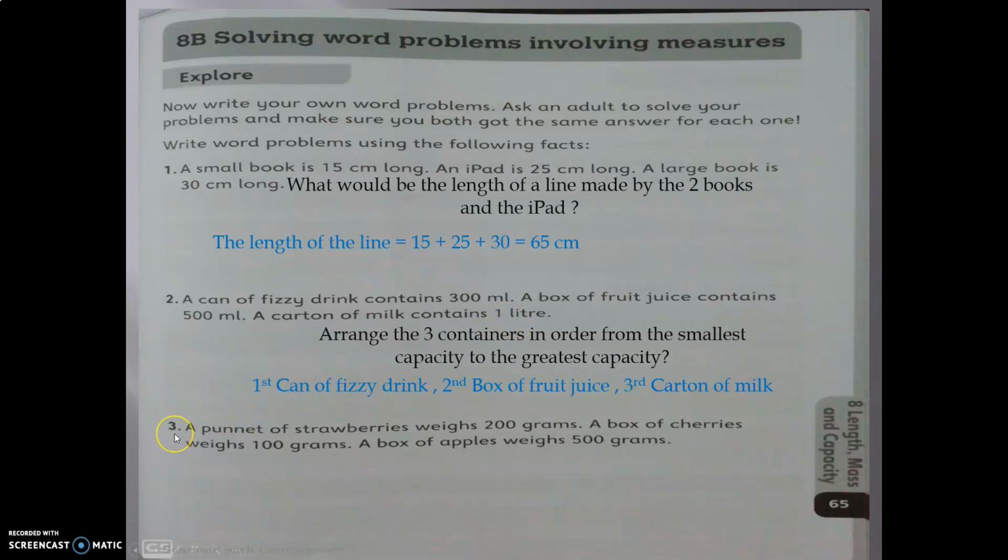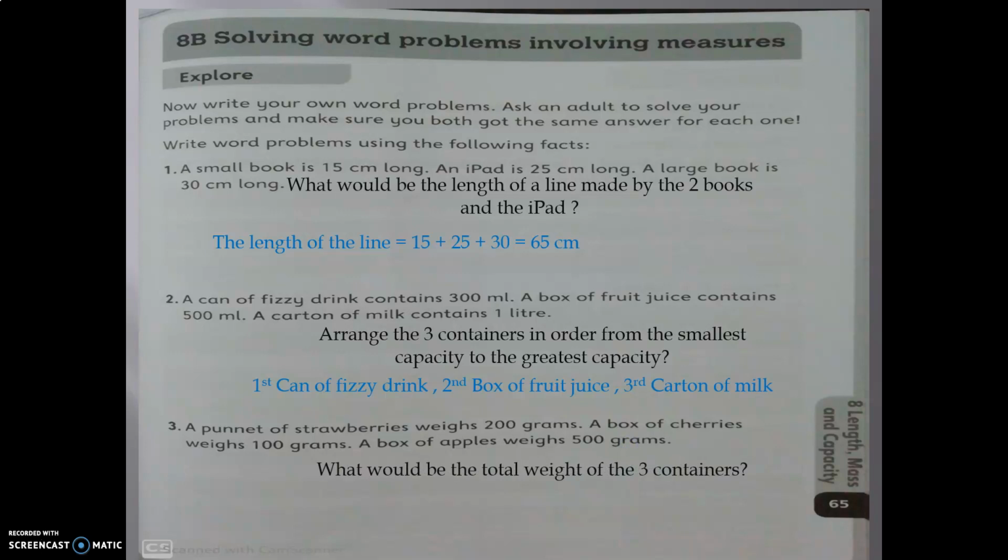Let's go to question number 3. A punnet of strawberries weighs 200 grams. A box of cherries weighs 100 grams. A box of apples weighs 500 grams. So what is the question we would ask here? What would be the total weight of the 3 containers?